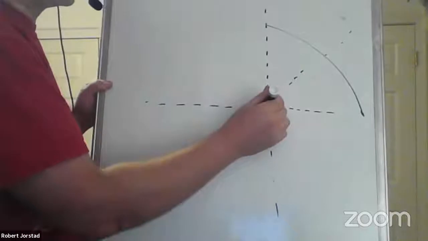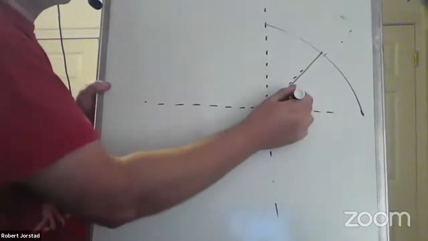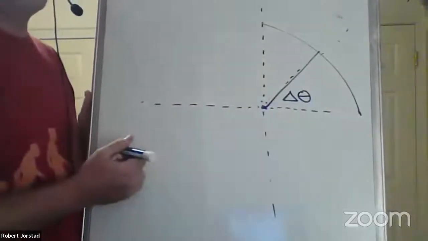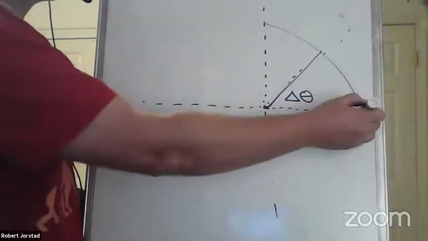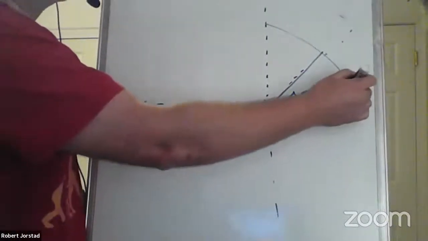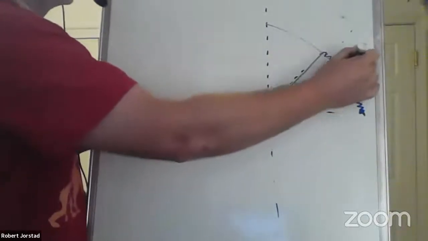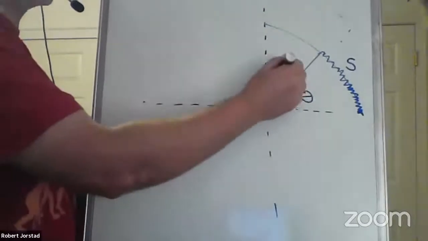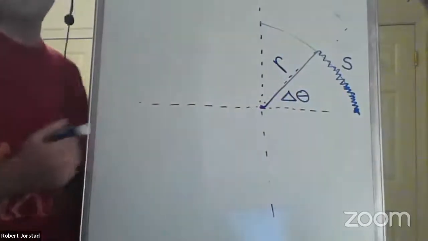As it moves in this circular path, this could be some angle theta, or sometimes we'll call it delta theta. This distance that it's traveled would be an arc length, S. And this would be the radius of the circular motion.